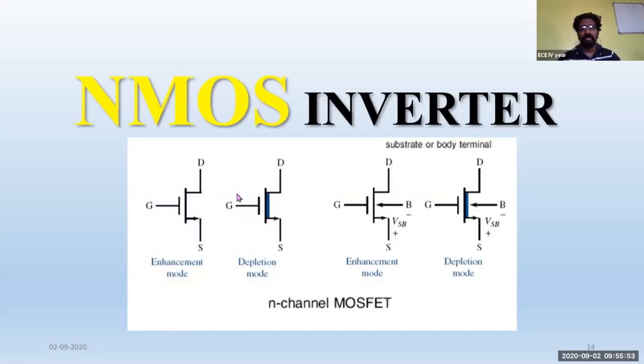As we supply the negative voltage, nullification of charges takes place between the positive and negative charges, and the channel width is reduced gradually as we increase the negative voltage. At one point the channel is lost and the depletion mode transistor comes into the off state. This is the working condition of depletion mode and enhancement mode transistors, which we have seen in the previous lecture.